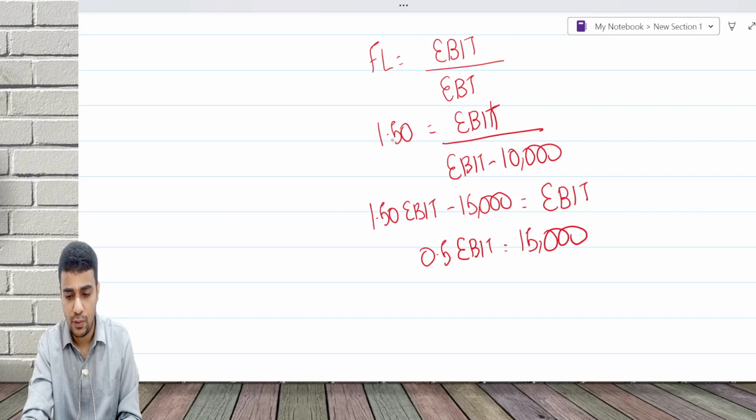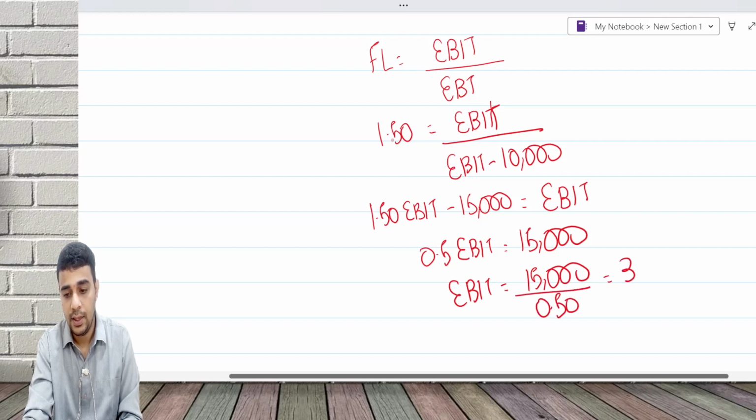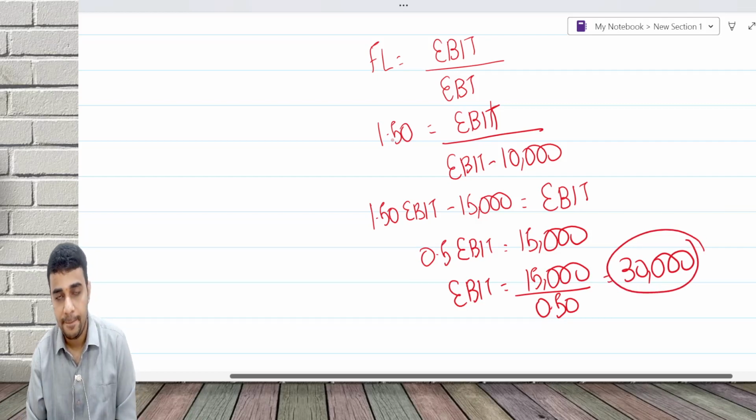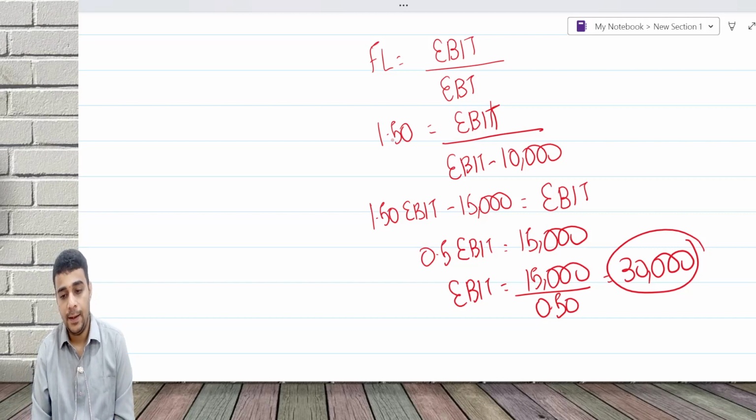Problem is almost over now. EBIT is equal to, very simple question again, 15,000 divided by 0.5, 30,000 is the number.